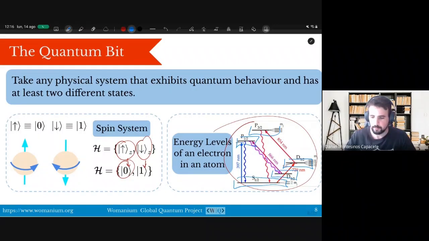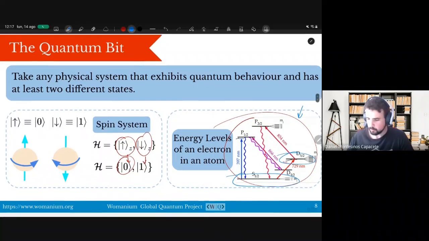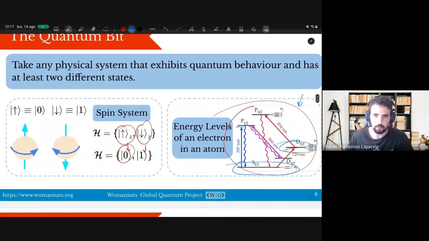For example, for my qubit system, I have a lot of levels, and I will choose this one and this one. How to do that is not easy in this example, but it's possible, right? In fact, in the last day of this course, this Friday, I will be discussing a little more exactly this kind of implementation of a qubit. So we'll see that in more detail.